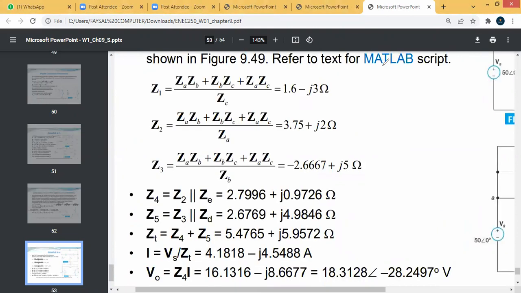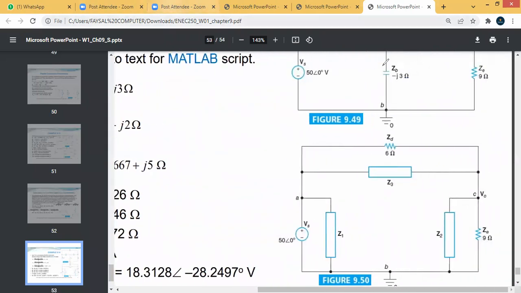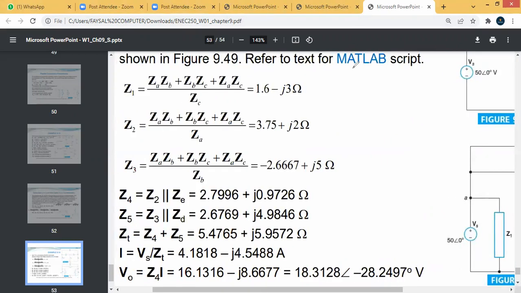And the next one, Z5. Z5 basically shows that Z3 is parallel to ZD. So here are the points, and here it is: Z3 is parallel to ZD. And then the last part, which is Z total.